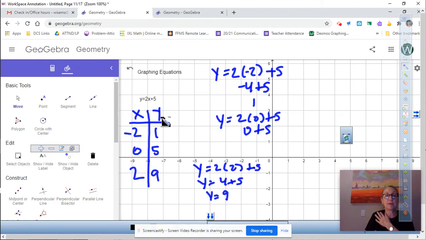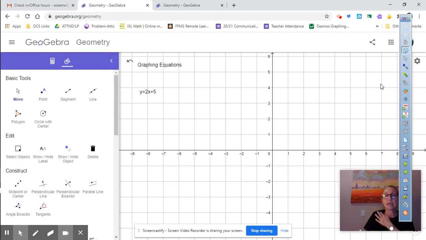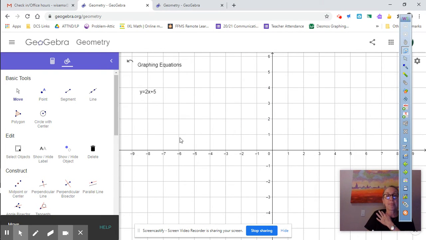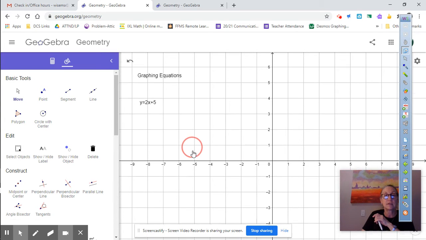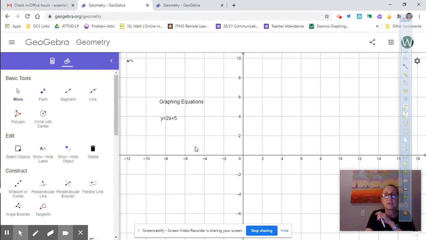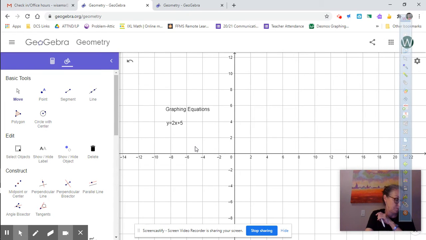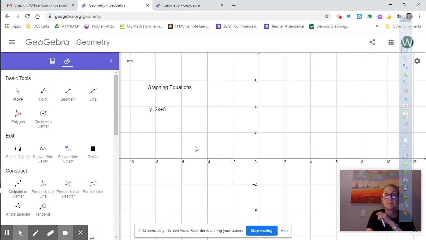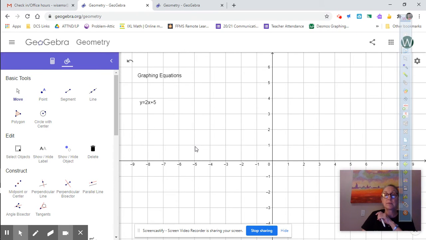So there, I've got my points. I've got -2, 1, 0, 5, and 2, 9. So let's go back out to GeoGebra and let's plot these points. And let's zoom out just a little bit. I need some room. Give me my numbers back.